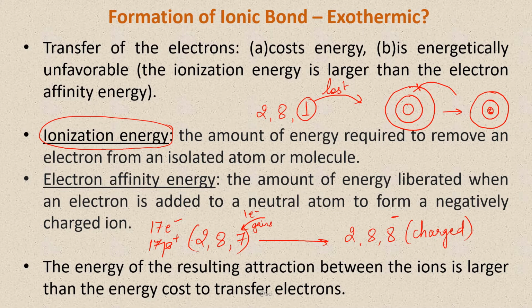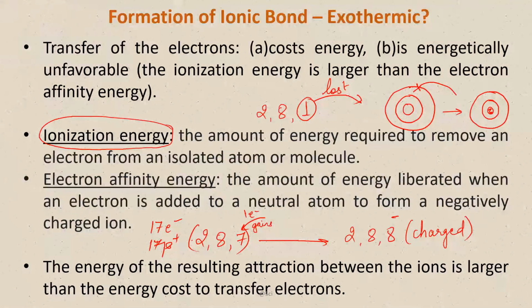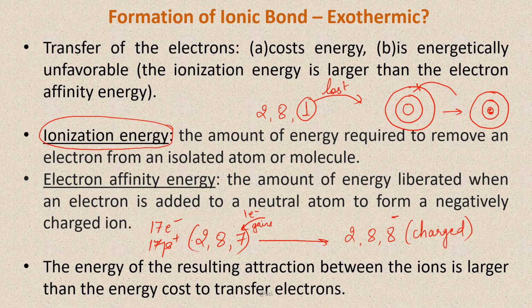So when an ionic bond is formed, the force of attraction between sodium and chlorine ions is very much higher than the ionization energy or the electron affinity energy. So the force of attraction actually overcomes these two energies, and that's why the bond is formed.